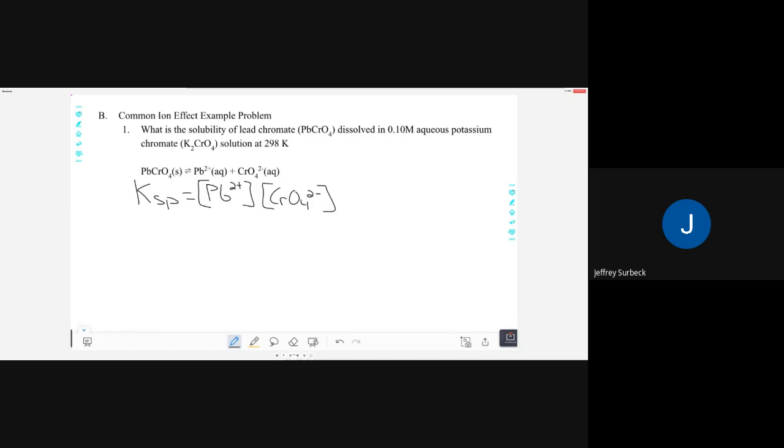Now, before we start, we have potassium chromate, and we have 0.1 of this stuff. If we look at the items involved in our values here, does it affect Pb or does it affect CrO4?